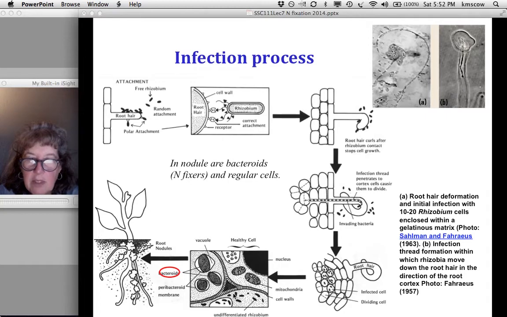And this gives you a more close-up view of these cells that then start to change in their form. They're no longer these streetwise, soil-wise rhizobia that are hanging out in the soil, living like normal organoheterotrophs.